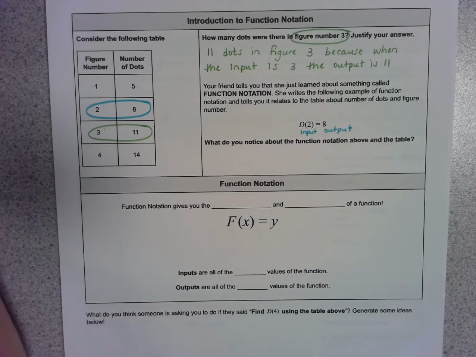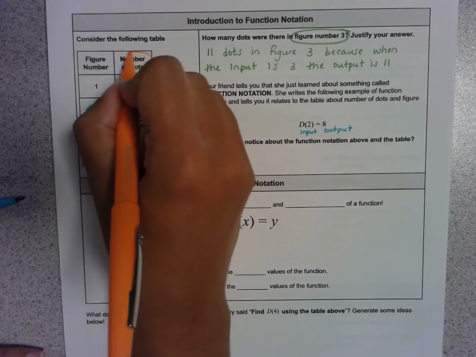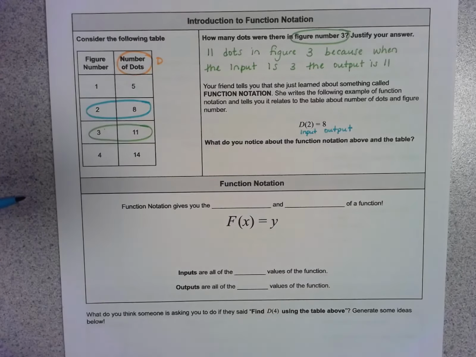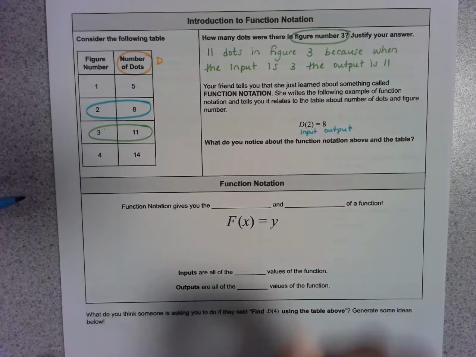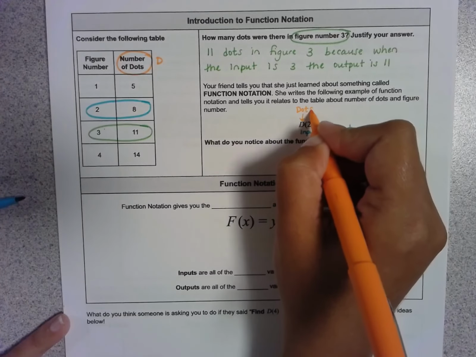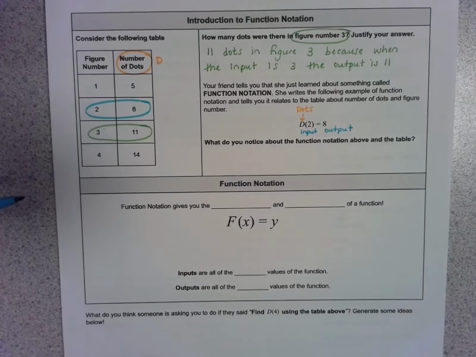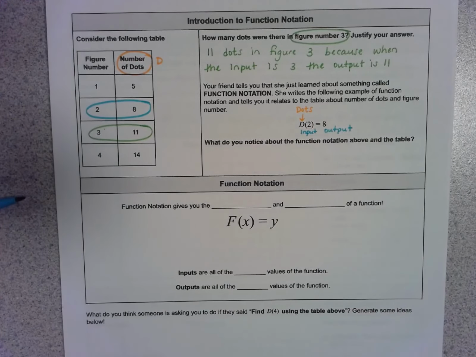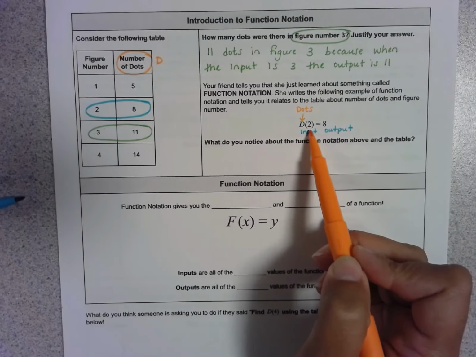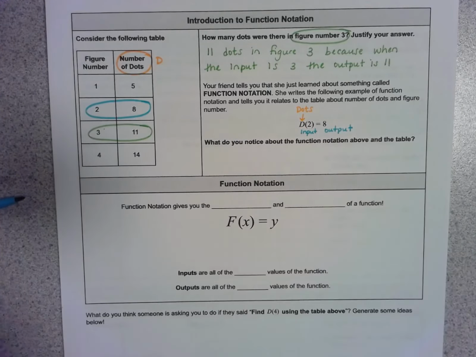If we think back to the table, we are talking about the number of dots, which we could use the letter D to stand for, because D stands for dots. This D just tells us that the function we're using is talking about the number of dots. So if I were going to read this notation out loud, I would say the number of dots after 2 figures is 8.